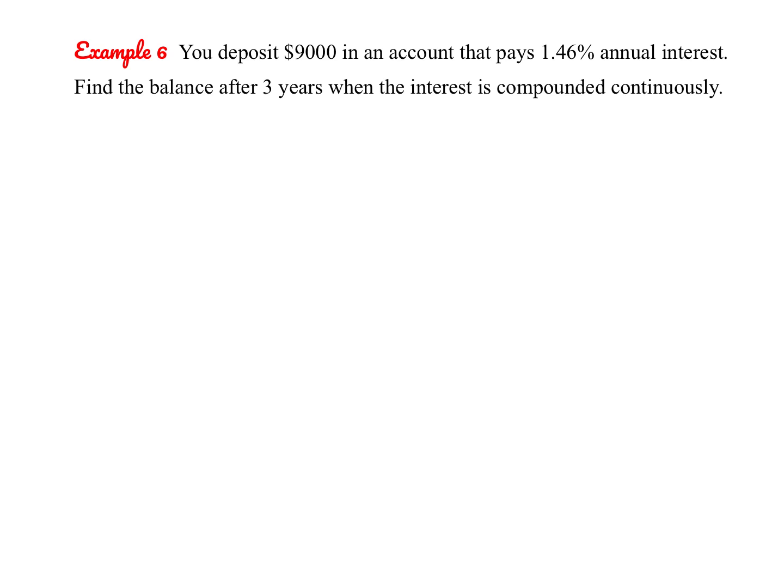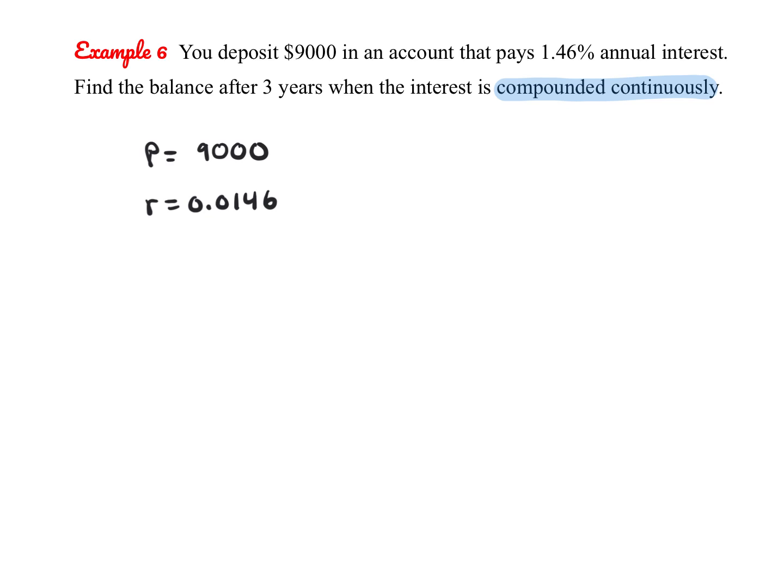All right, let's look at this same scenario. We have that same scenario from example 6, but now instead of being compounded quarterly, we're going to be compounded continuously. So let's see if we end up making more money. So our principal is still 9,000. Our R value is 0.0146. But again, now we don't have that N value because it's compounded continuously.